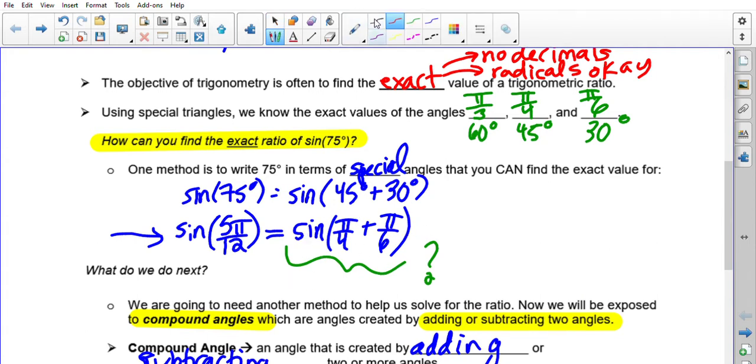Even after we go through this lesson, students think that they can distribute sine into both parts. Sine is not distributed, and today's lesson will show you the formula you have to use.